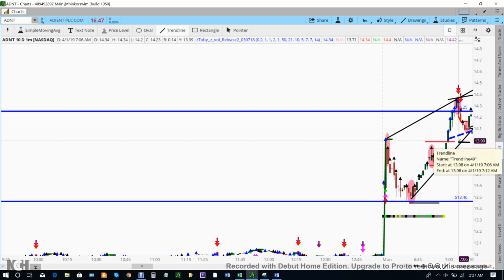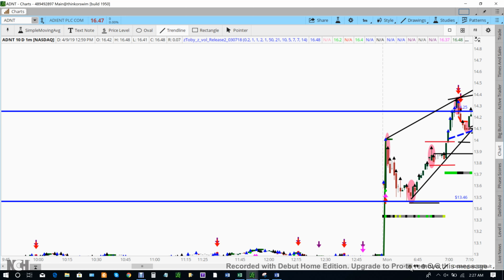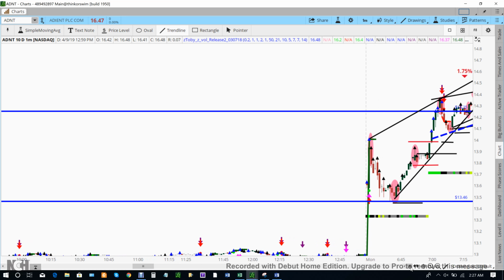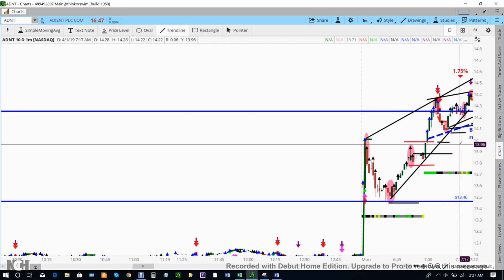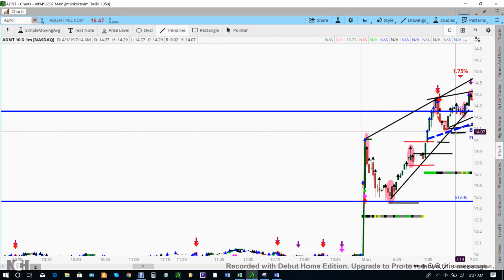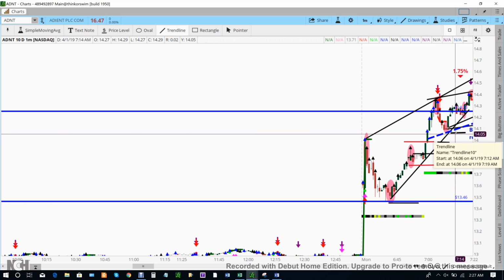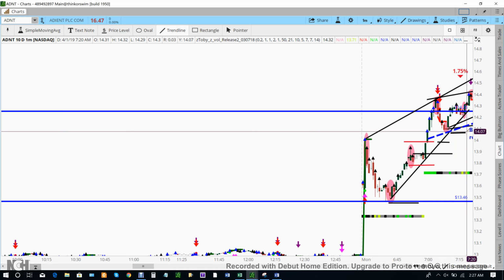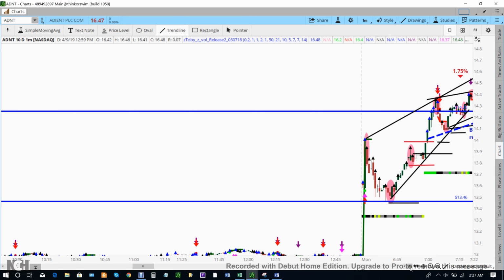So if it drops down, we'll break even. We won't lose any money. And what happens? It goes back up. So now we can raise our stop up even higher. This blue dashed line represents our trade, what we're doing.